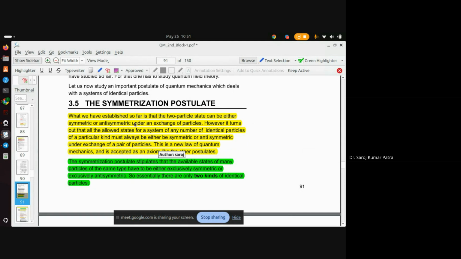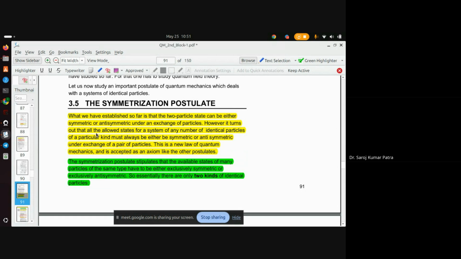So what we have established so far is that the two-particle state can be either symmetric or antisymmetric under an exchange of particles. If we operate with the permutation operator P12, either it will be symmetric or it will be antisymmetric.